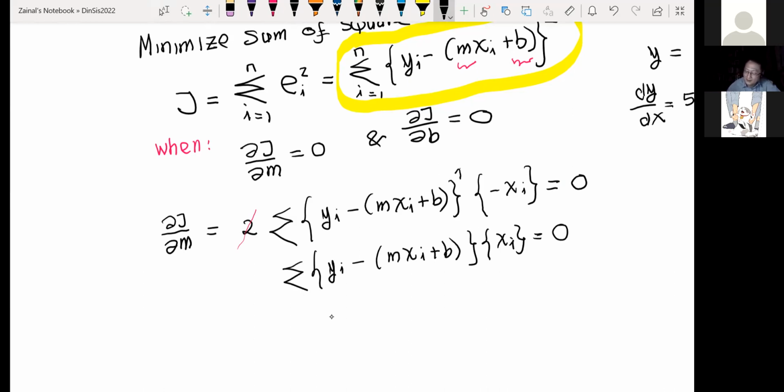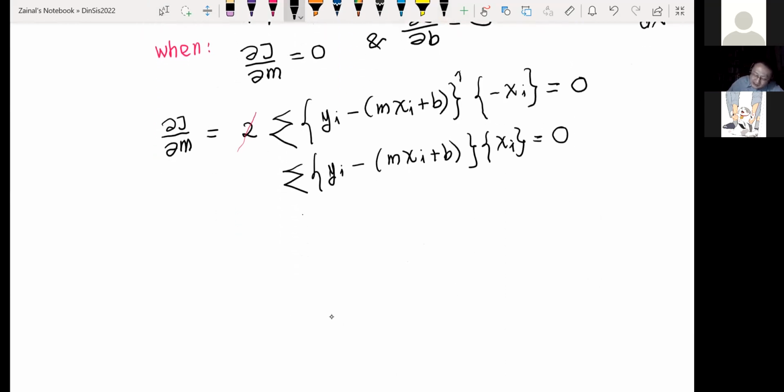If I multiply this out, what I have is sigma yi xi minus m sigma xi squared minus b sigma xi is equal to 0.